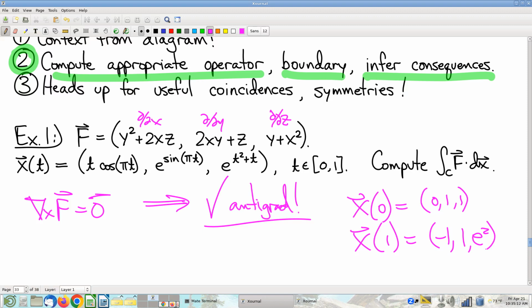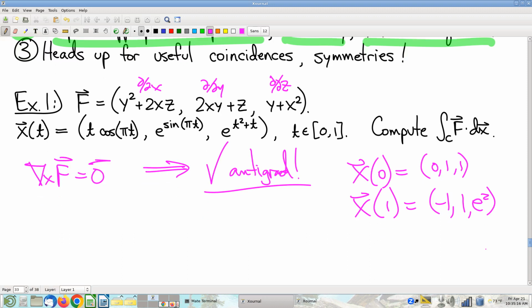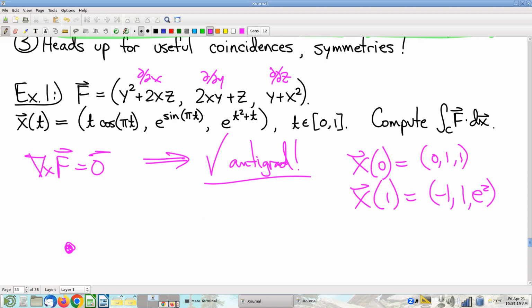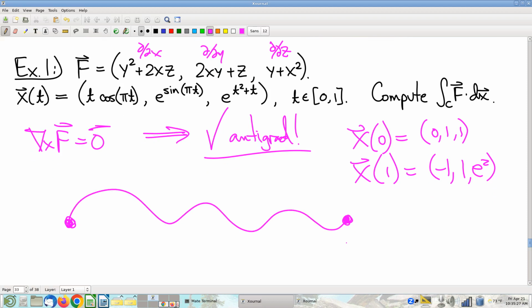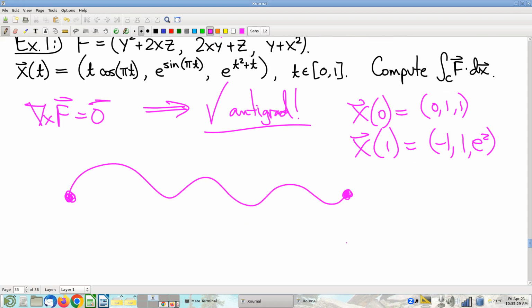Okay, what conclusion do we get from this? This curve starts and ends at different points. The curve starts there or something, goes on and does all sorts of weird things, and ends at a different point. What do I conclude from the fact that the start and end points are different? It's not a closed curve. This is not the boundary of anything.